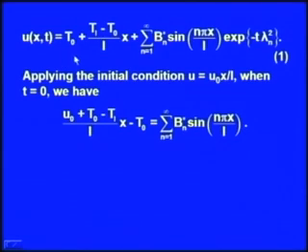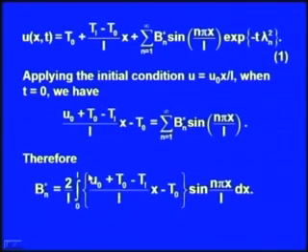This equation gives us u0 plus (T0 minus T_L) over L into x minus T0 equal to sigma n equal to 1 to infinity b_n star sin(n pi x over L), when you make use of this initial condition, that is, at t equal to 0, u(x,t) is u0 x over L. So, then the value of this is again the half range expansion for this function.